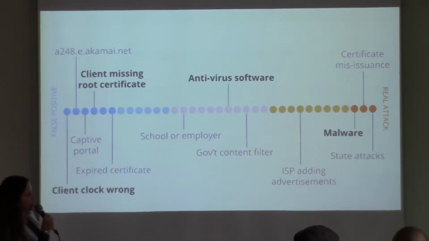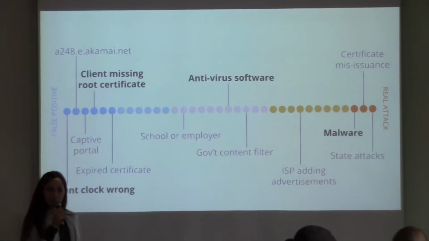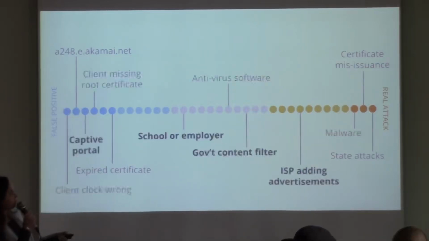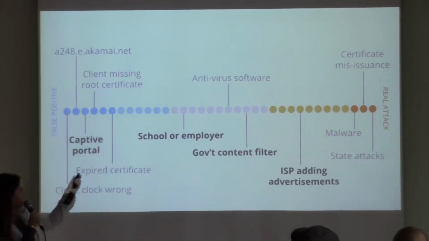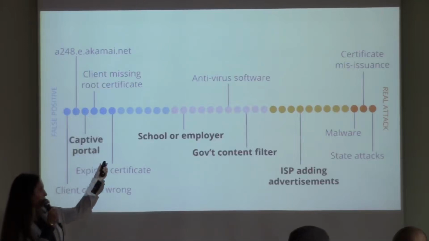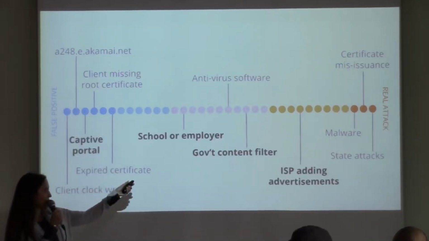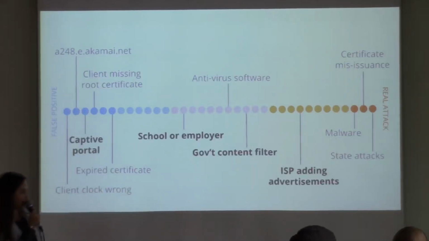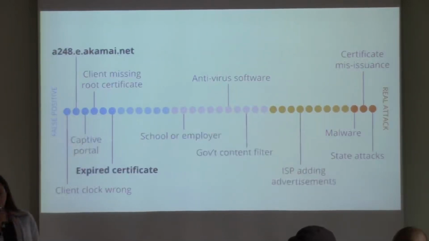And malware, which I'm calling here a client misconfiguration or a client problem because TLS isn't really set up to handle malware. That's not something that the browser can use TLS for. There's also things like captive portal logins, schools and employers, government content filters, and enterprising internet service providers. And I'm going to get into some of these in a little more detail with some examples.